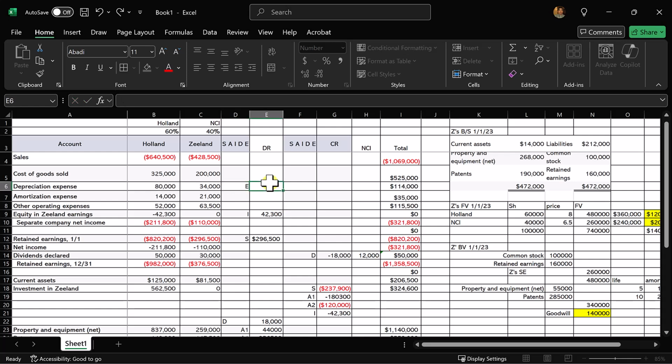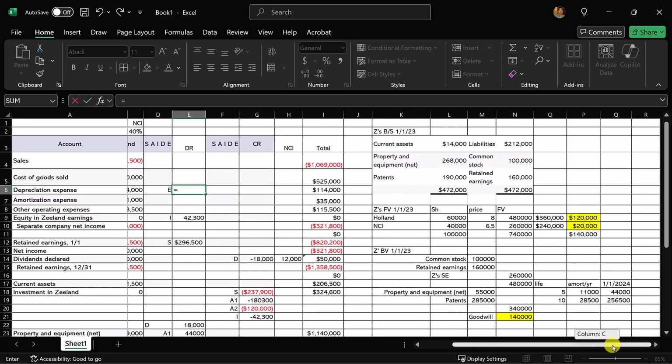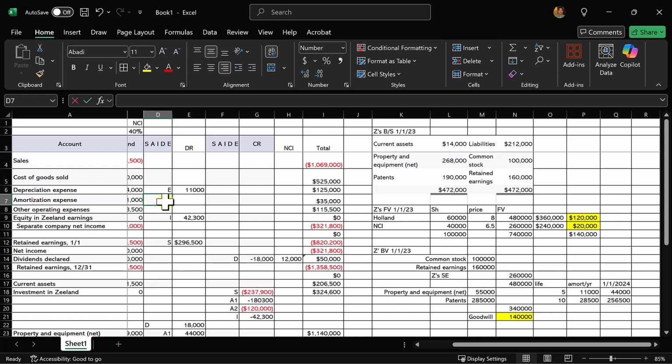E, positive debit, equal just the equipment. This amount. And then the amortization.